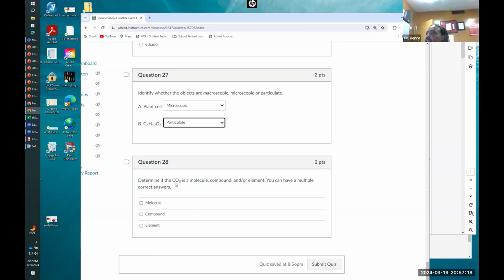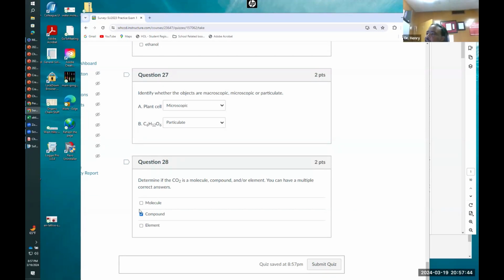Okay, determine if CO2 is a molecule, compound, and/or element. A compound. Anything else? No. Are you sure? What is the definition of a molecule? Would it be a compound and a molecule?